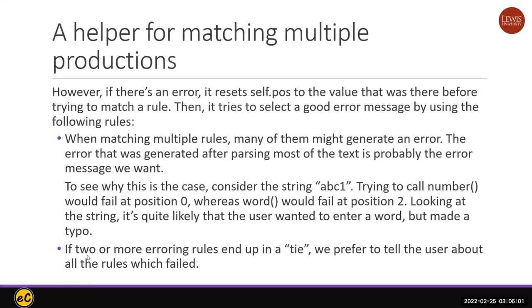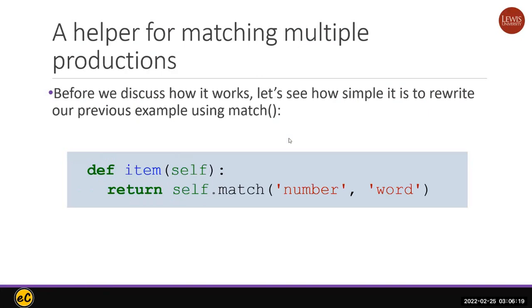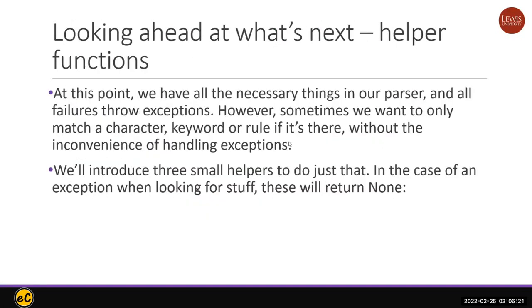If two or more rules end up in a tie, we prefer to tell the user about all the rules that failed. So basically, here it will join all the rules together and report all of the errors.